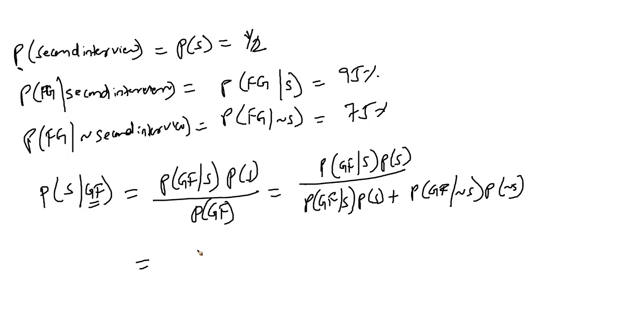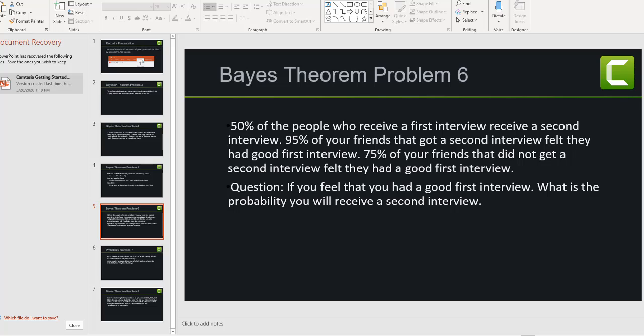So this one you can write as probability of feeling good given S, which is 0.95, times probability of S, which is 0.5, and then you have 0.95 times 0.5 plus 0.75 times 0.5. If you compute this one, you will get a value of 0.5582.